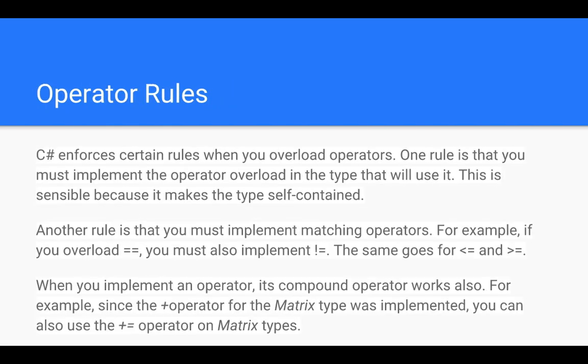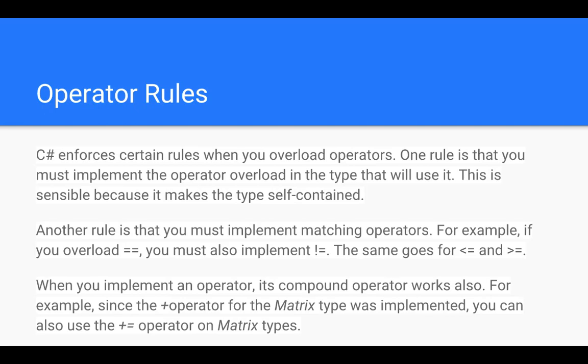There are certain rules. Let's take a look at what they are. One rule is that you must implement the operator overload in the type that will use it. This is sensible because it makes the type self-contained. Another rule is that you must implement the matching operators. For example, if you overload double equals, you must also implement not equals.